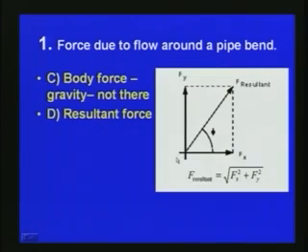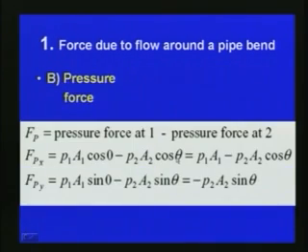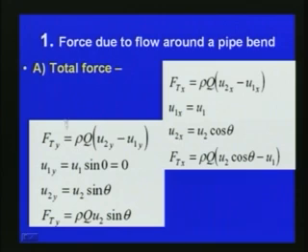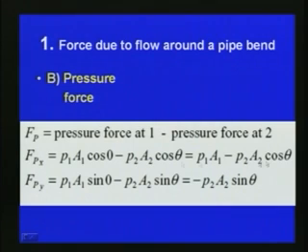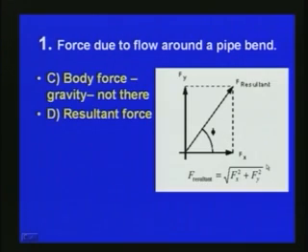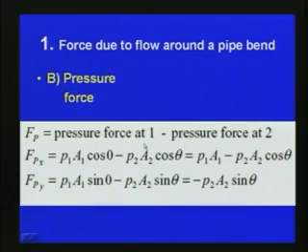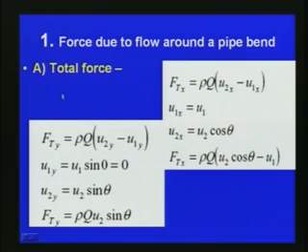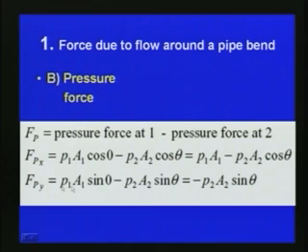The resultant force will be the summation of the total force. In the x direction, the summation of total force is rho q (u2 cos theta minus u1) plus the pressure force in x direction, that is (P1 A1 minus P2 A2 cos theta). This gives Fx, the force in x direction. In y direction, Fty, the total force, is rho q u2 sin theta, and the pressure force in y direction is minus P2 A2 sin theta.